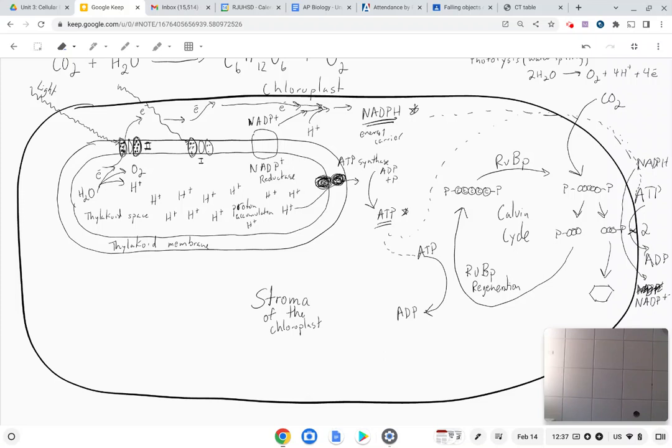But you will be asked questions like, where is the energy transferred to energy carriers, and you'd need to be able to say that's occurring in the thylakoid. If you got asked where carbon fixation is occurring, you'd need to be able to say that's occurring in the stroma, with the Calvin cycle.